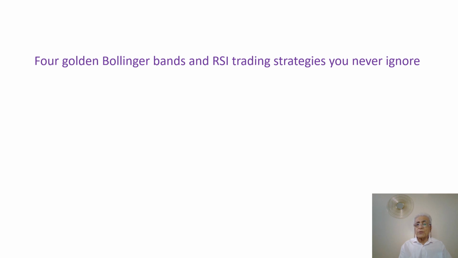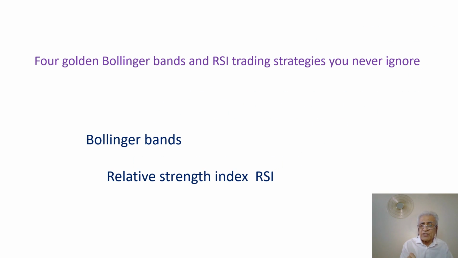Here I'm going to share with you 4 golden trading strategies that can change your trading style to the next level. Before I talk about these strategies, I'm going to make you familiar with the capability of these 2 powerful indicators, Bollinger Band and Relative Strength Index RSI, and demonstrate how you can use them in your trading setup.